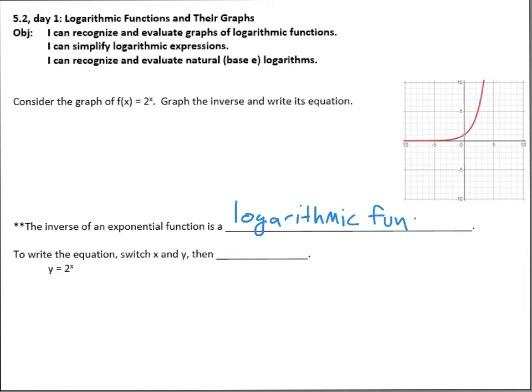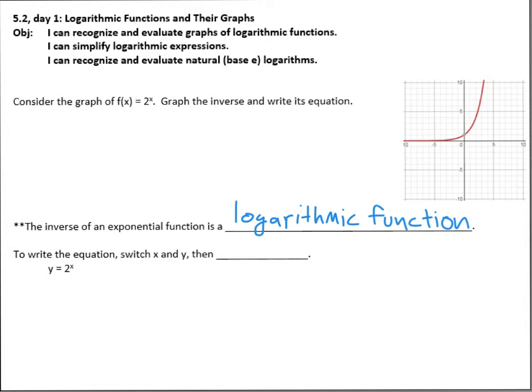So we've touched on inverses before, right? And that's a good way to start thinking about logarithms. So if we're going to take this inverse approach, then the right place to start is with an exponential function like 2 to the x.